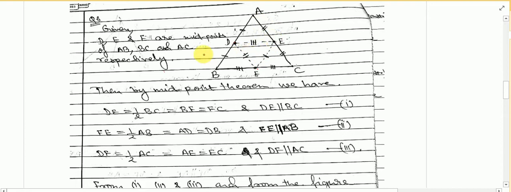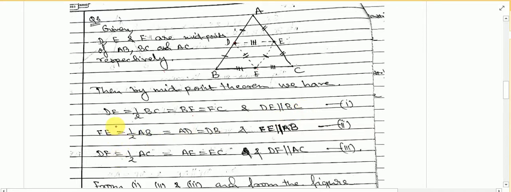You'll draw this, and then you'll write by midpoint theorem we have, DE, D and E are midpoints, so DE will be half of BC, and this will be equal to BF or FC. And DE will be also parallel to BC.